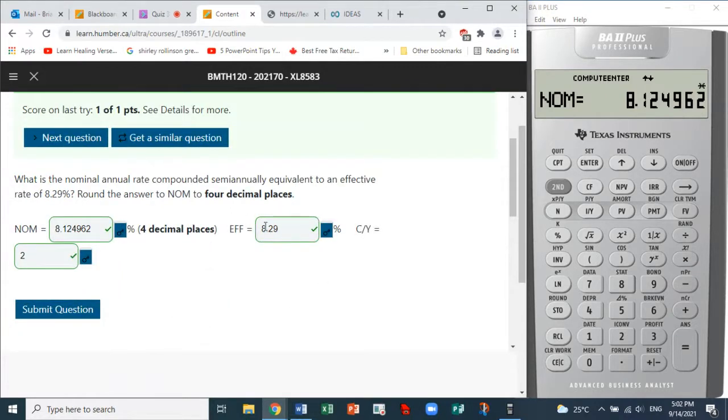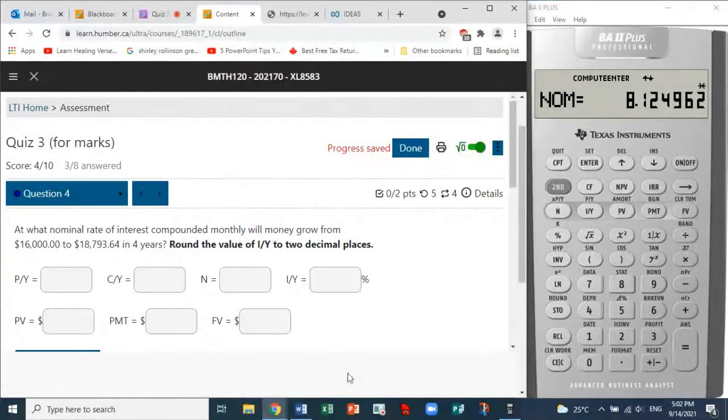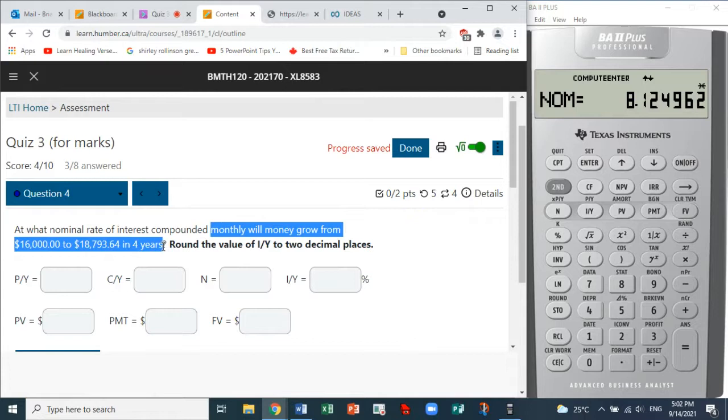So in this case, we were given the effective, and we were given the CY value of semi-annual, which converts to a value of 2. Okay, that's question number 3. Question number 4. At what nominal rate of interest compounded monthly does money grow from this value to this value in 4 years?